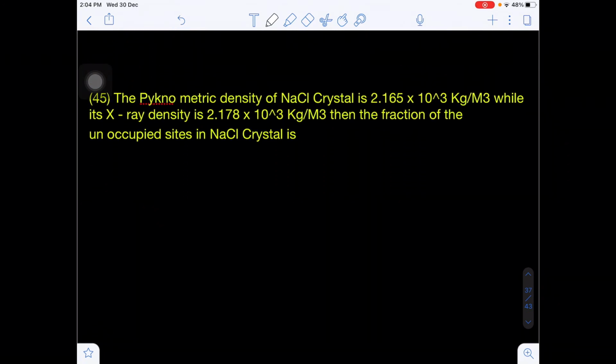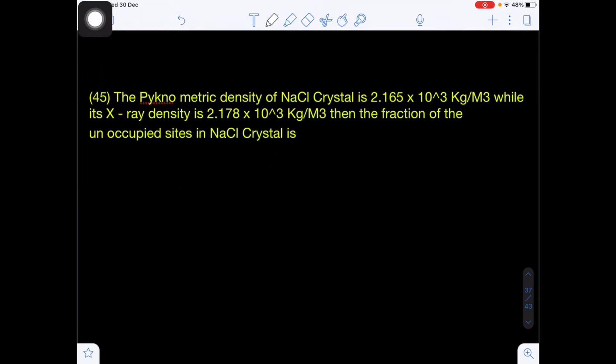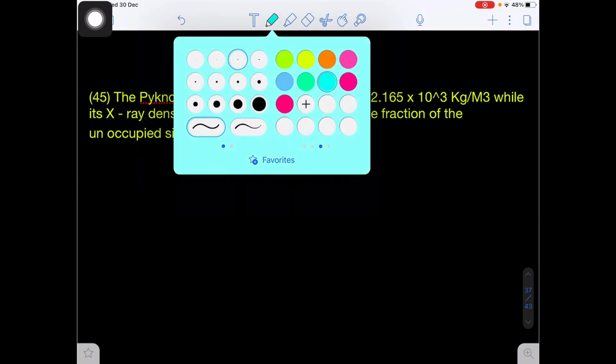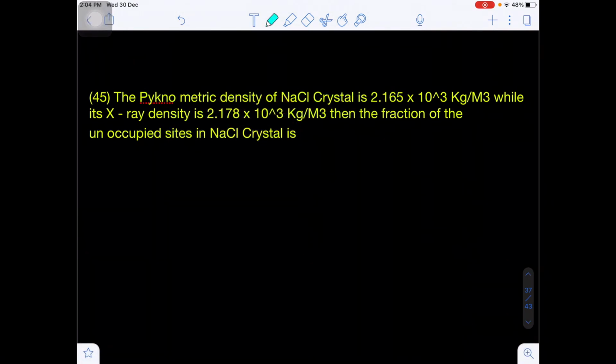Okay. Now question number 45. In question number 45, the pycnometric density of NaCl crystal is given.